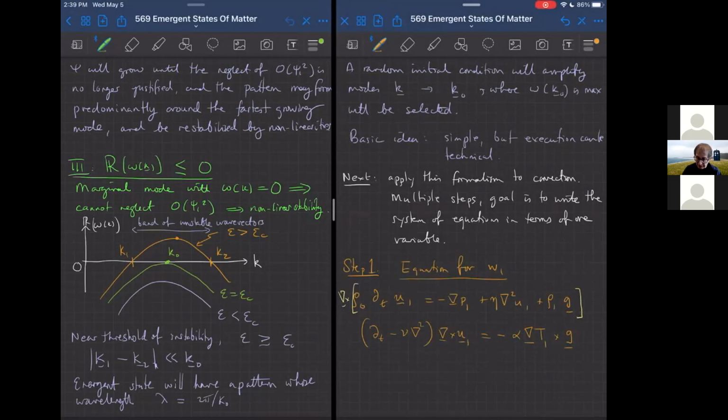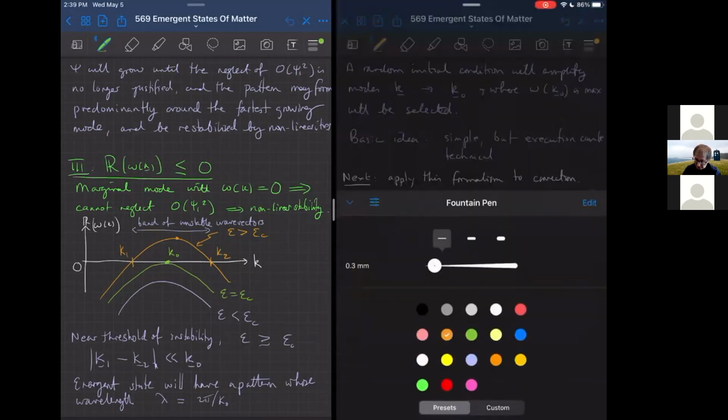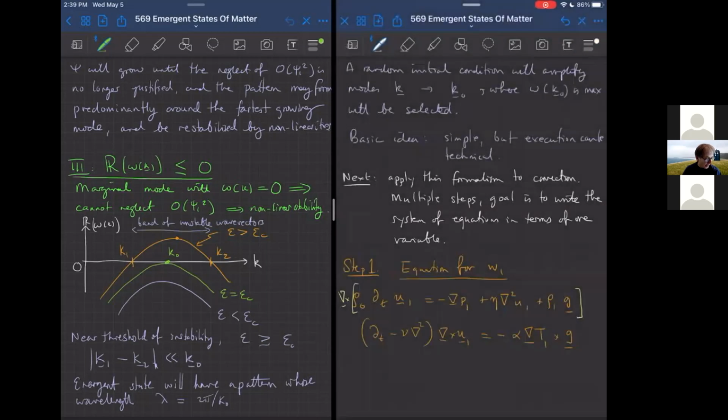Okay, so let me just say what I mean here. So this variable nu is eta over rho naught. So what I've done is bring the diffusion operator over to the left-hand side. And then where did this grad T1 and so on come from?